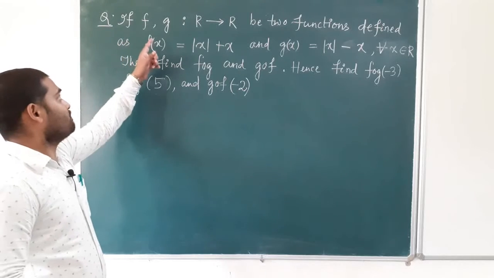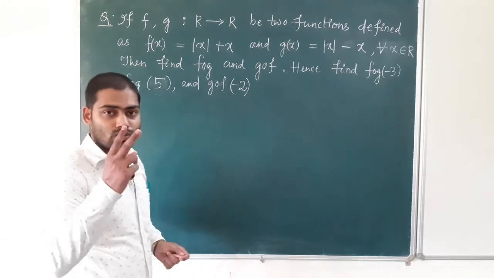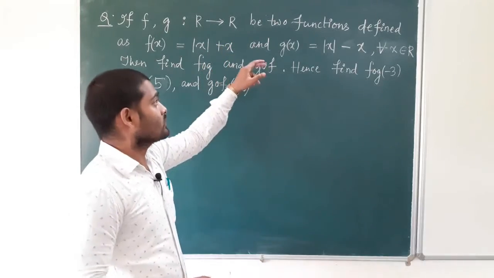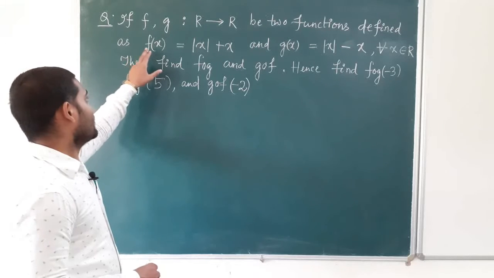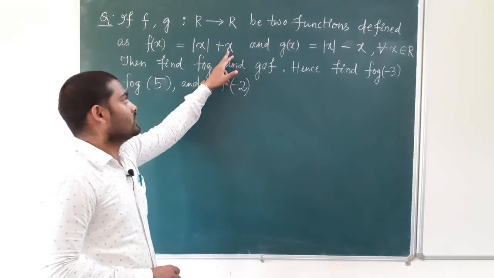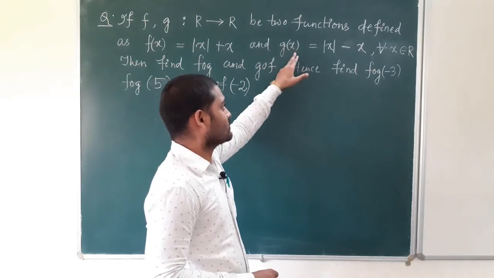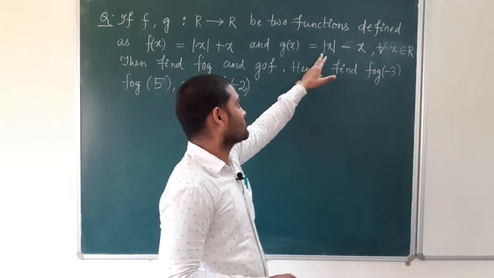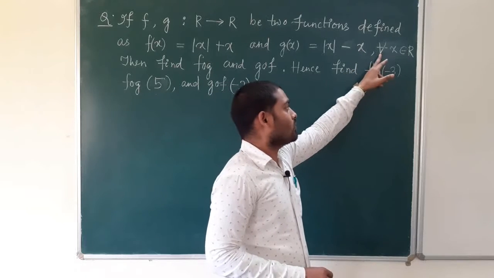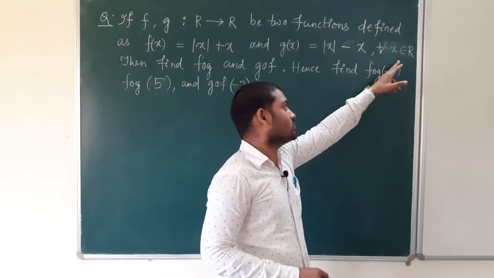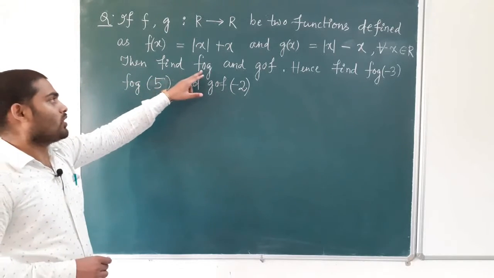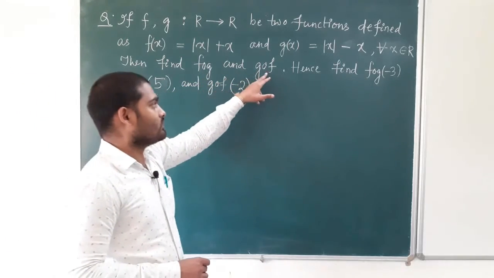Here, if f and g are two functions mapping from R to R and defined as f of x is equal to modulus of x plus x, and g of x is defined as modulus of x minus x, for all x belonging to capital R, the real number set, then find fog and gof.